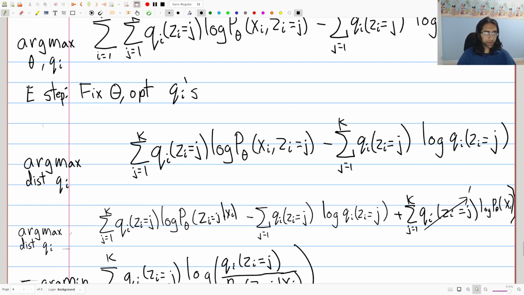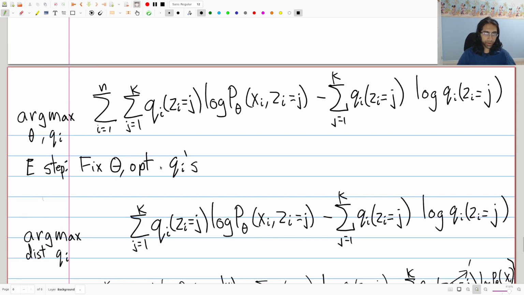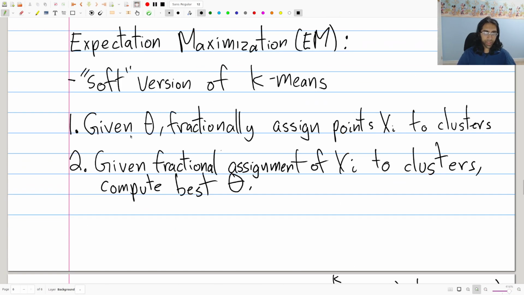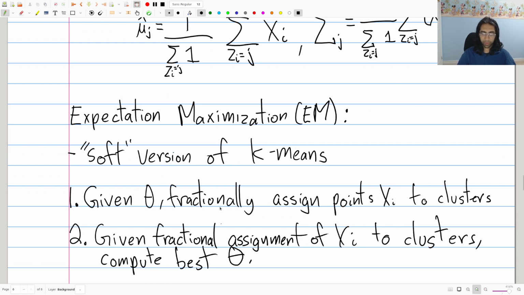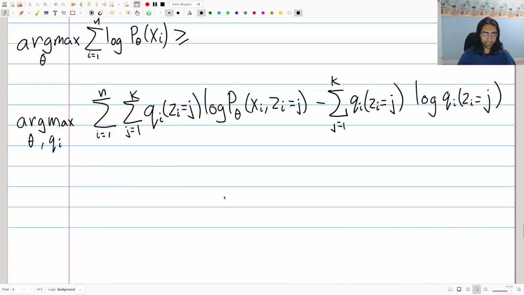Our goal was to fix the thetas, that is, fix the parameters of the model, and optimize over the qi's. Going back to our analogy with k-means, this is the part where we're fractionally assigning points to clusters by defining these q's, because the q's are the distribution over the labels of which cluster the points belong to, but it's all fractional, remember.